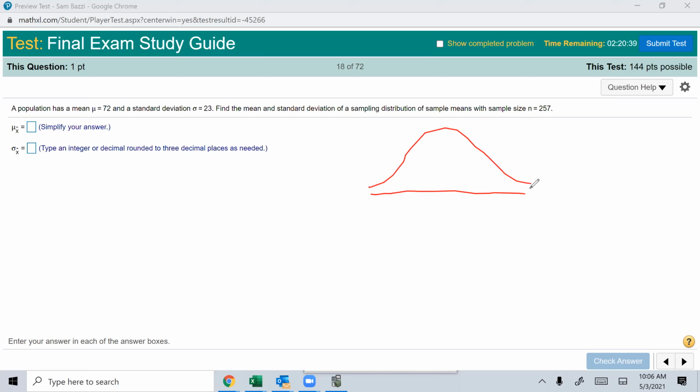Let's say this is X. This is the original population. It has a mean and it has a standard deviation. Let me show you what X bar looks like. Same mean.